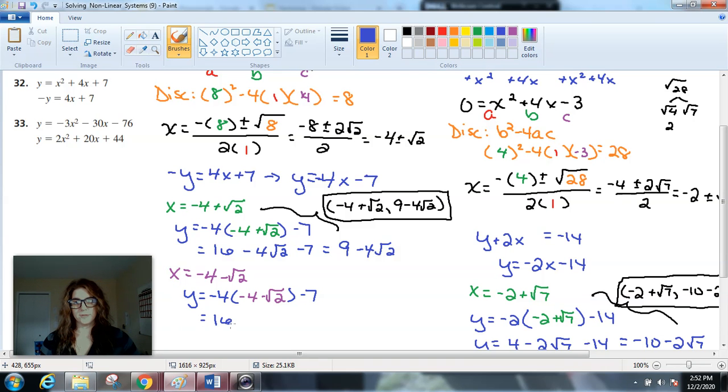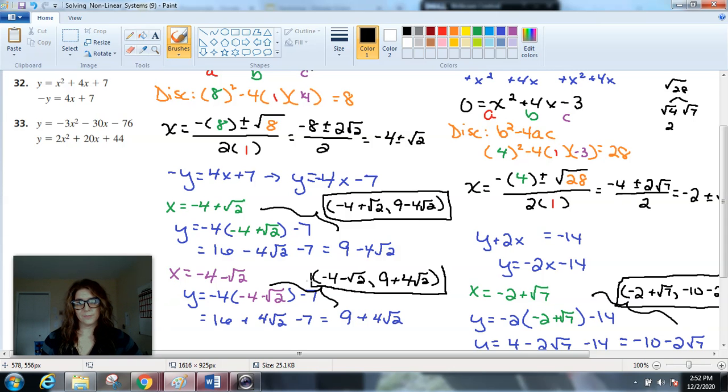And again, we distribute, we still get 16. Now we have a positive 4 radical 2 though. So we have 9 plus 4 radical 2. And we have these two ordered pairs. Okay. Again, not the prettiest, but it is what it is. We set it up, we deal with it.